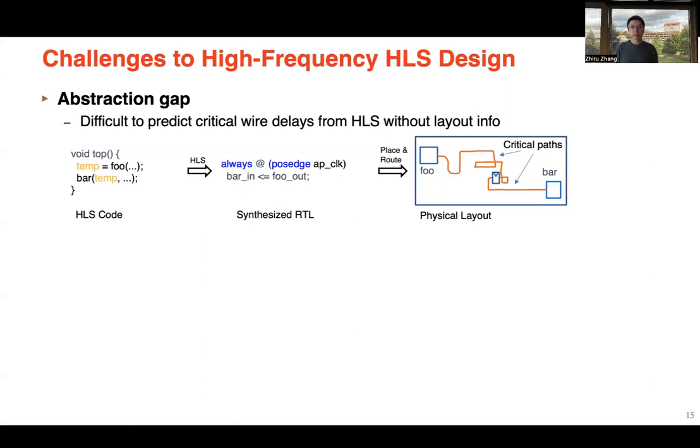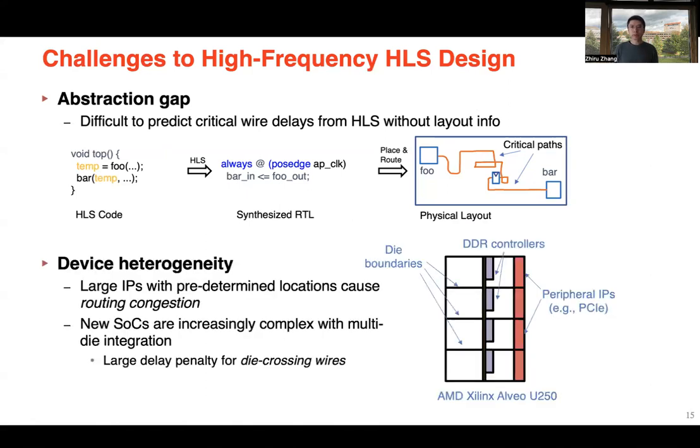The other thing is that target devices are also increasingly heterogeneous. There are a lot of different IPs, hardened IPs, which can cause unexpected routing congestion. Also, newer SoCs increasingly use multi-die integration, and that's where we have to be really careful with cross-die wires.